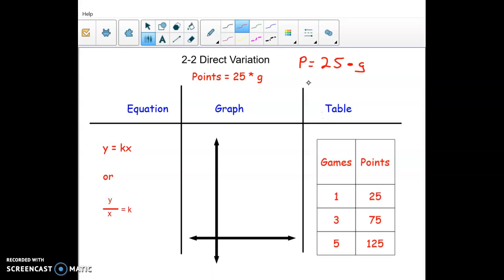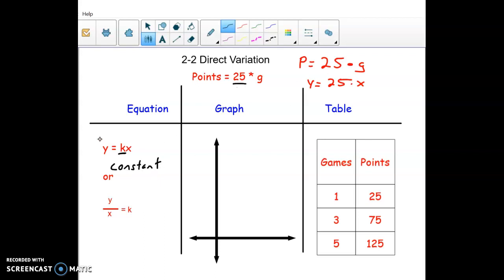You're probably a little more used to it with Y and X, so if you wrote it as Y and X, it would look like that. Basically, a direct variation as an equation has your y and x variables, and x is multiplied by k, which stands for the constant. Why they didn't use c here instead of k, I do not know, but that k is called the constant, and it's a fixed number.